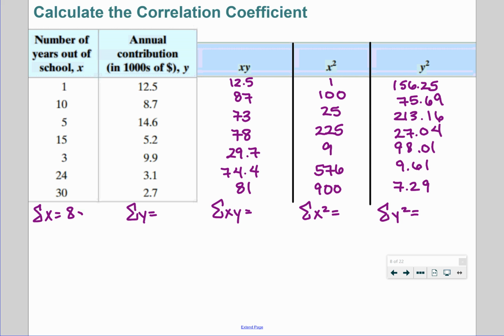First one, you should get 88. $56.7. $435.6. 1836. 587.05.